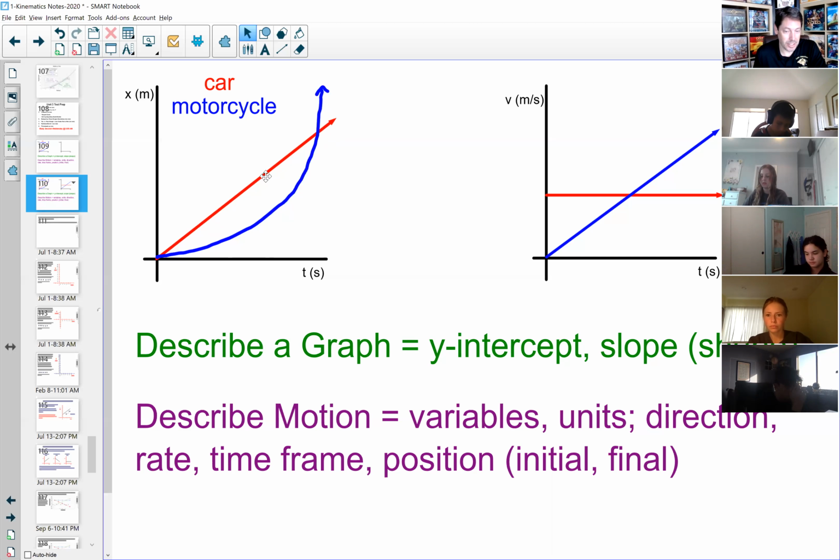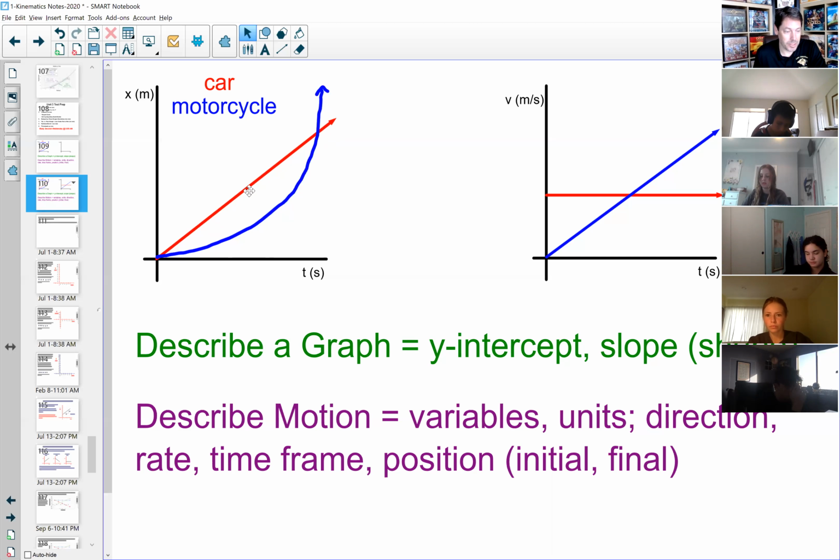And the velocity of the car is the instantaneous velocity of the motorcycle at the midpoint. So that is why these would cross on the velocity time graph at the halfway time frame.